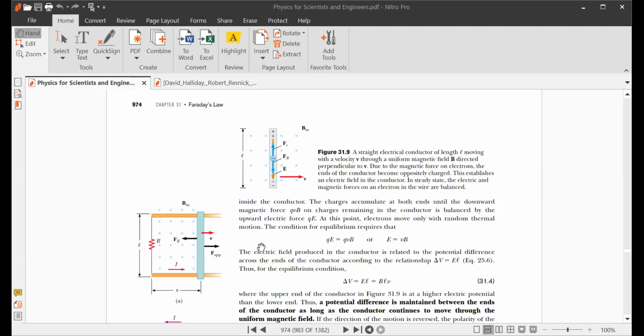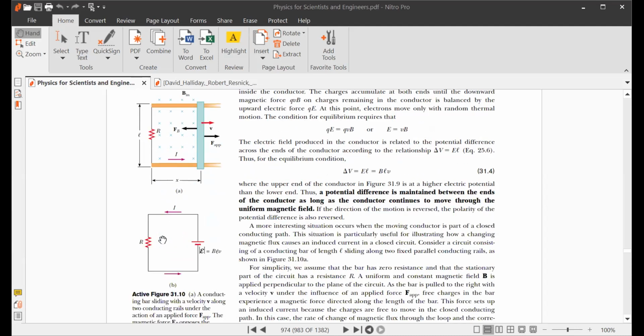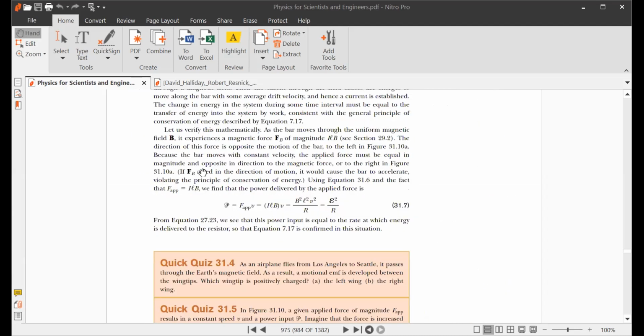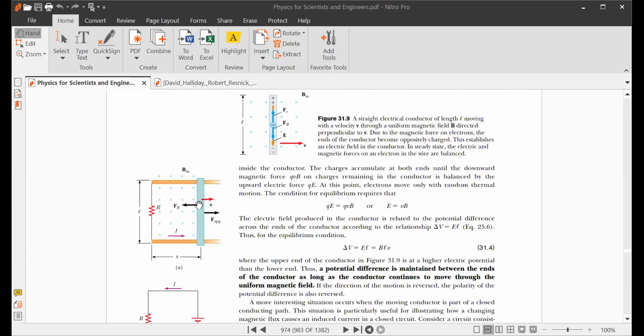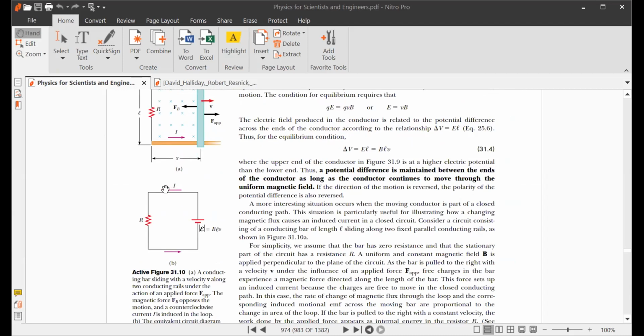If you apply it like this, the flux becomes bigger, increasing. But if you push to the left, the flux is decreasing, and then the direction of this current is the other way around, from the left to the right.